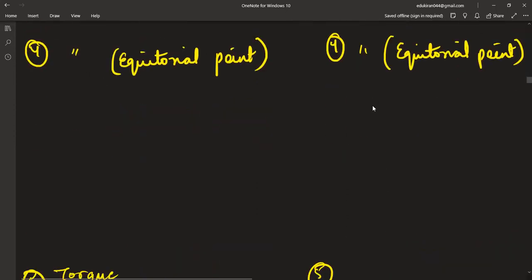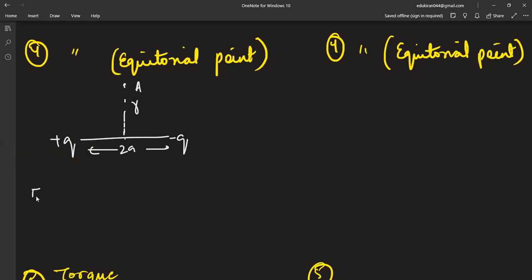And you have the equatorial line also. Equatorial line we also studied, plus Q minus Q, this was separation R, and if we are calculating at this point, the formula was minus Kp by R cube, right? Minus P by 4 pi epsilon naught R cube.